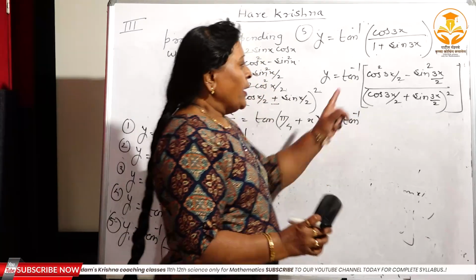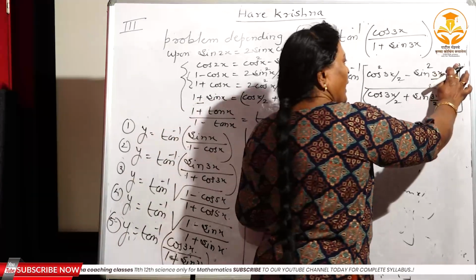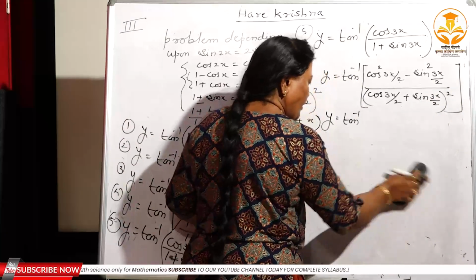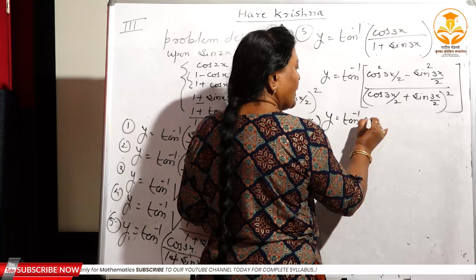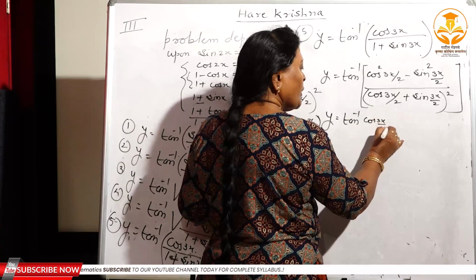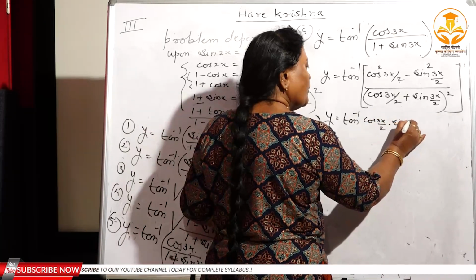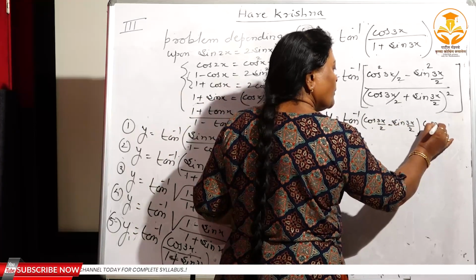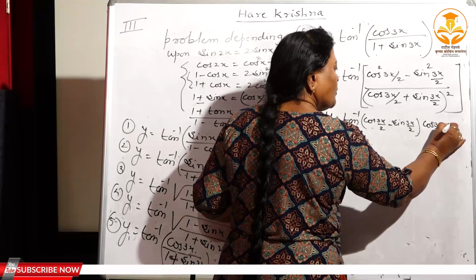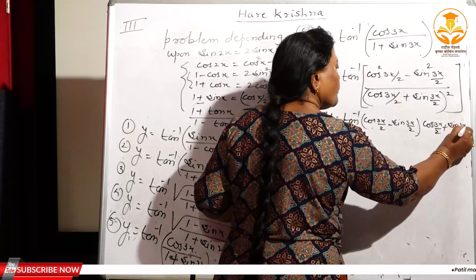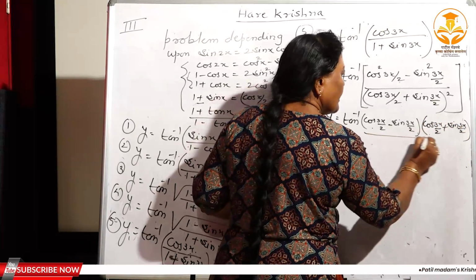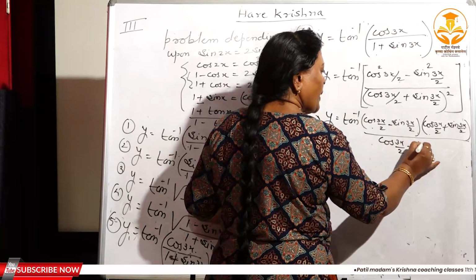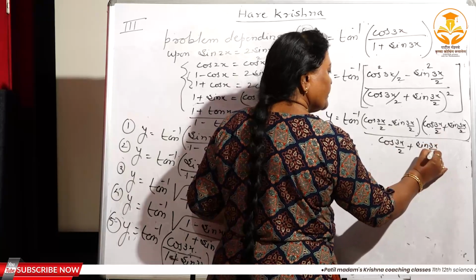Can you factorize a square minus b square? Means what here? a minus b, a plus b. You can find out the factors of the numerator, that is cos 3x by 2 minus sin 3x by 2. This is one of the factors. Another here, cos 3x by 2 plus sin 3x by 2. Right? This is another factor, divided by cos 3x by 2 plus sin 3x by 2 whole square.